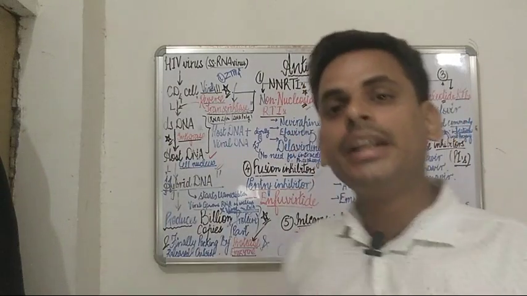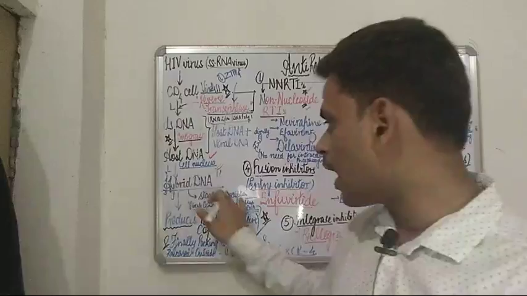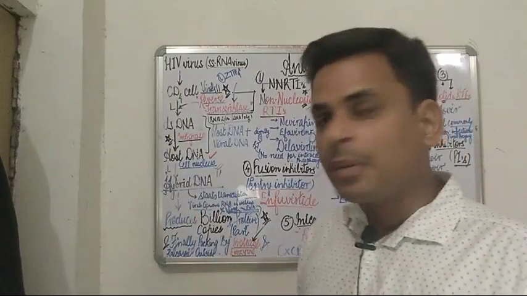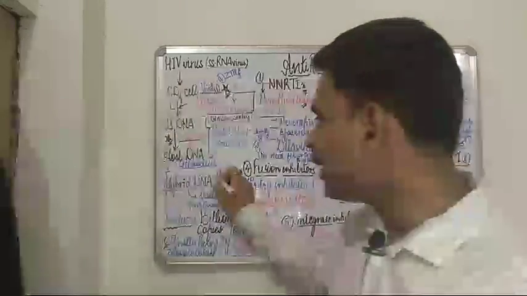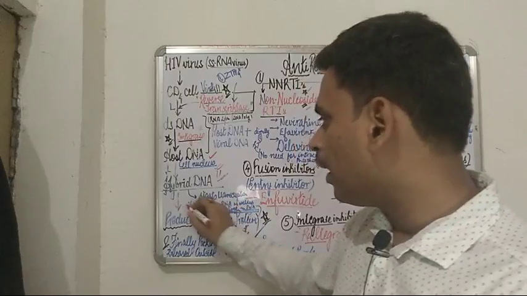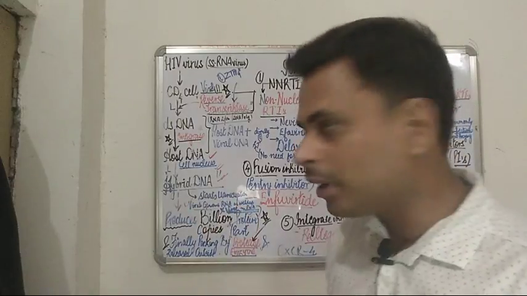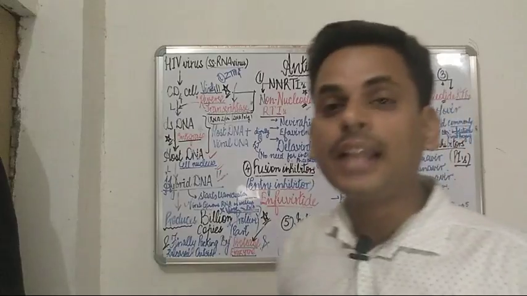And this hybrid DNA is ultimately going to start transcribing, and form the viral genomic RNA as well as the viral mRNA.